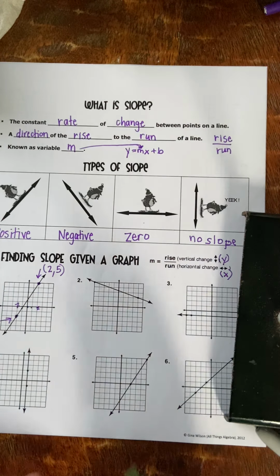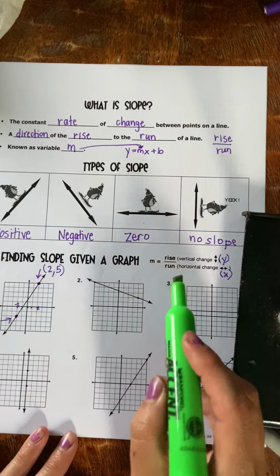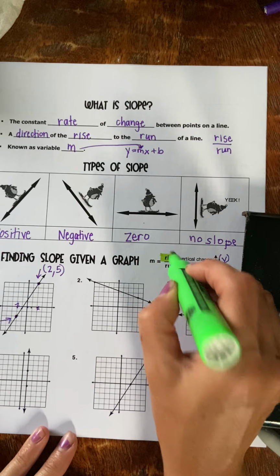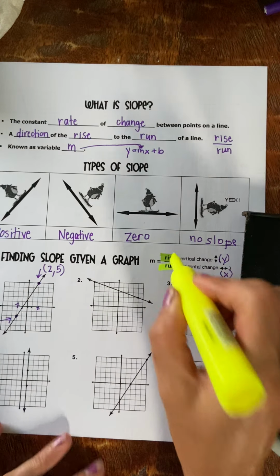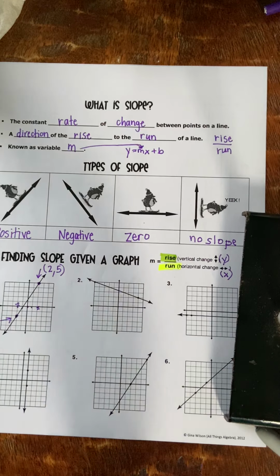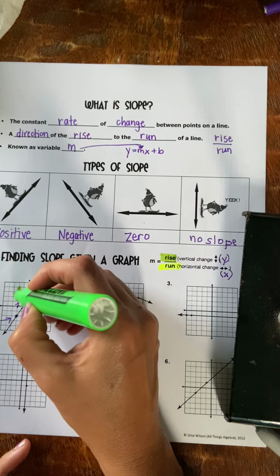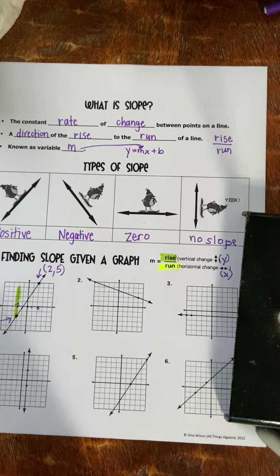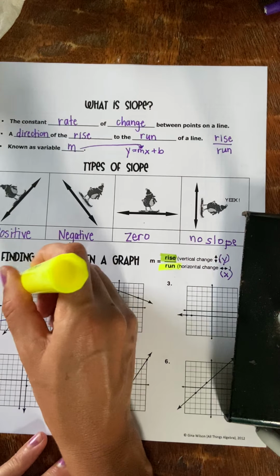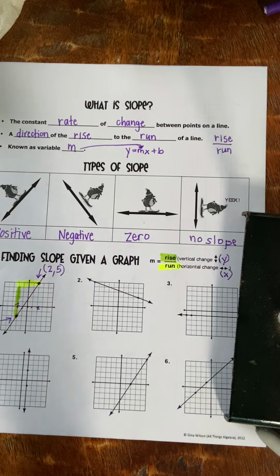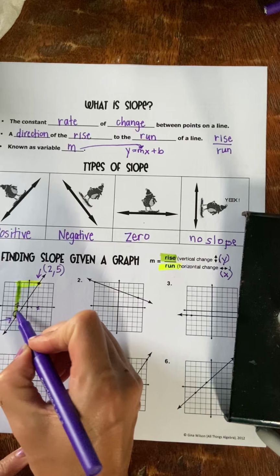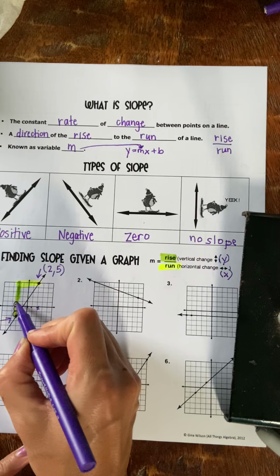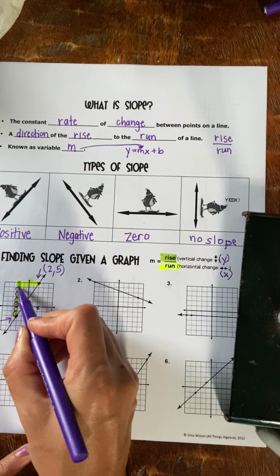Okay, so we're going to do rise in green and run in yellow. So rise over run. Our rise is green and our run is yellow. I measure by doing loops. So we're going to count 1, 2, 3, 4, 5, 6, 7.